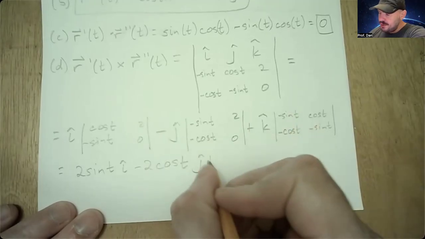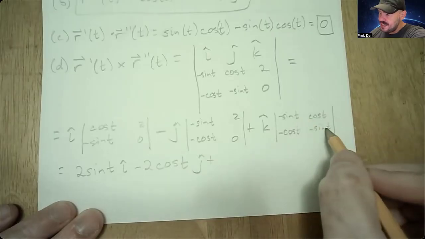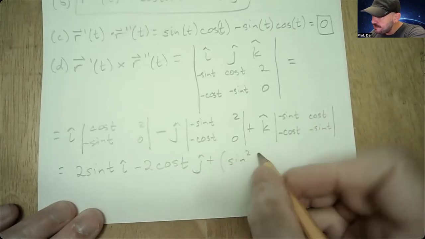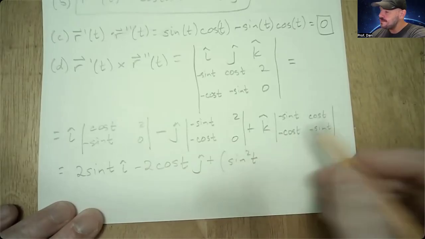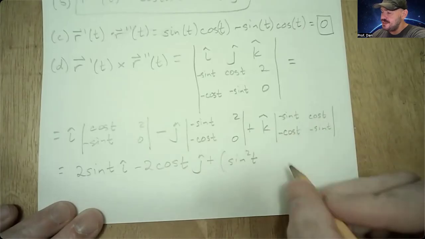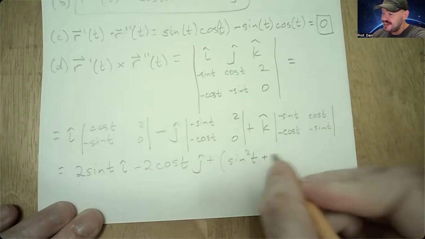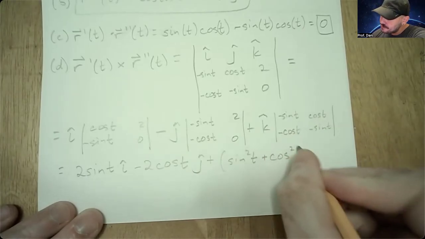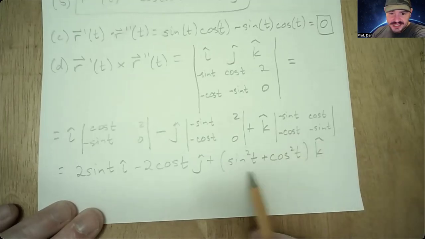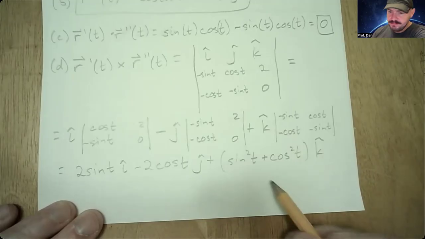And then for the k component, negative sine of t times itself gives me sine squared t minus negative cosine squared t. So minus a negative we add. And here comes that trig identity again. We know that that's 1.